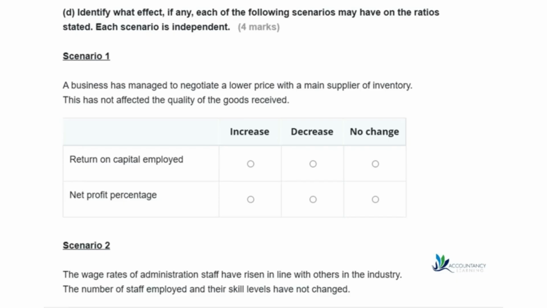So if we've managed to negotiate a lower price, it means that the profit is going to be higher because it's cost us less, which means if the profit is higher, we're getting more back. So it's going to have an increase on the return on capital employed. And likewise, in the same vein, because it is at a cheaper rate, we're making more profit. So the net profit percentage would also increase.